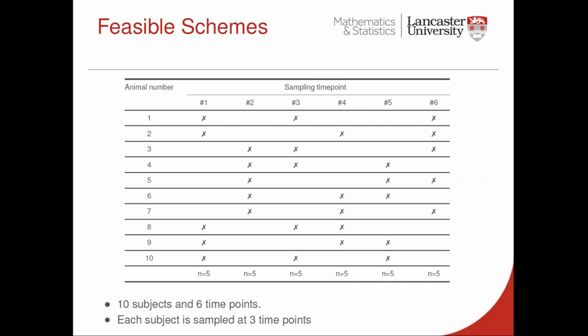For our example, we define feasible by saying we're going to have 10 subjects and we're going to use 6 time points to sample from. The 6 time points are going to be the 6 time points that we've deemed to be optimal from the first stage of the procedure.